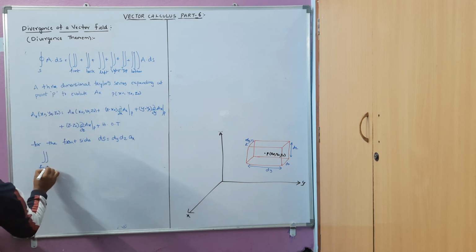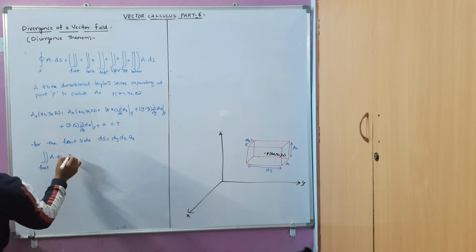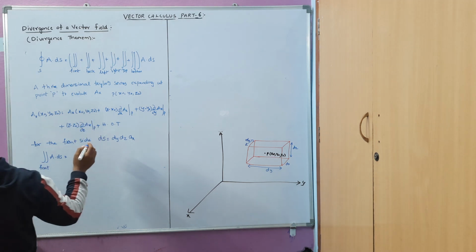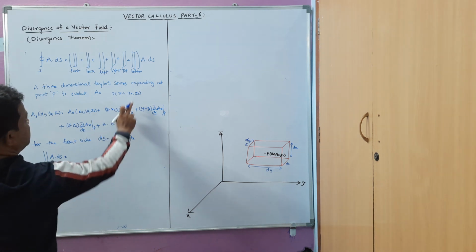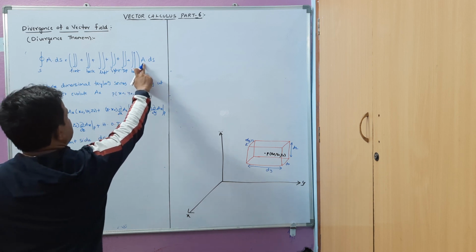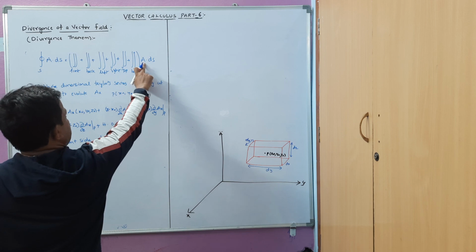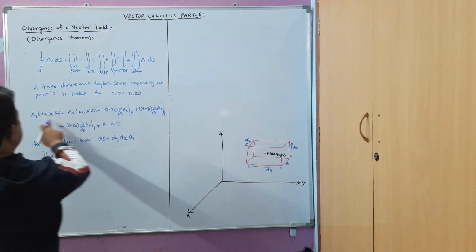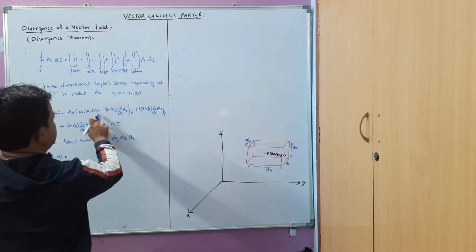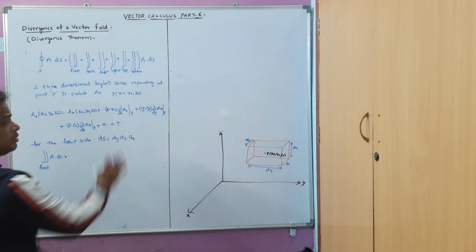front side A dot ds, which will be equivalent to this: here we are having the differential surface A dot ds. As we know, the dot product of the unit vector Ax with Ax is 1. So here we have the vector and the component, and the unit vector dot unit vector will be 1.